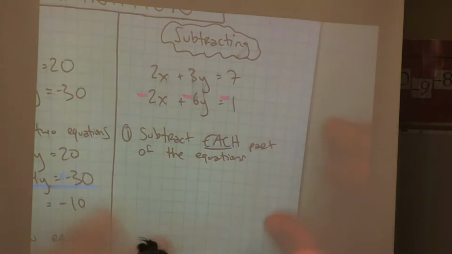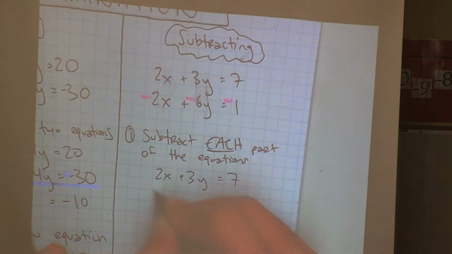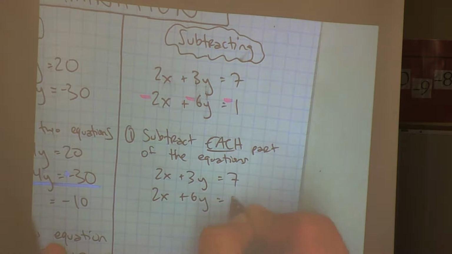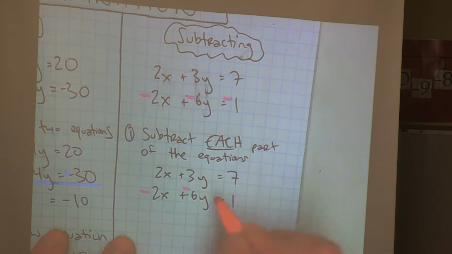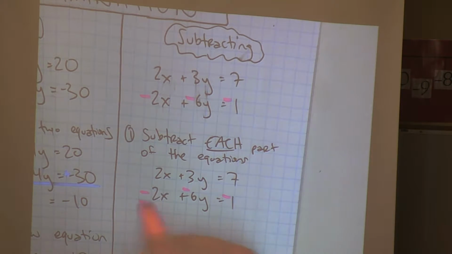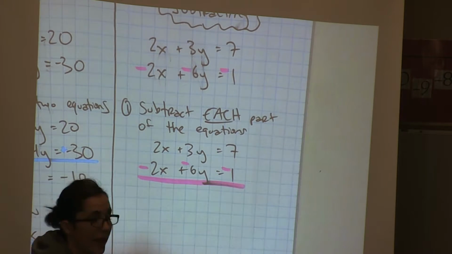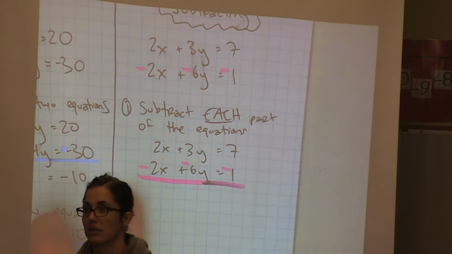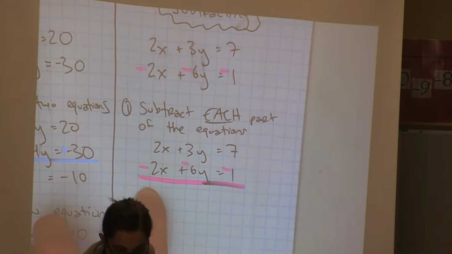Okay, I'm going to just rewrite my equations just so we are extra super duper clear. So I have again that 2x plus 3y equals 7, 2x plus 6y equals 1, and I'm subtracting 2x minus 2x, 3y minus 6y, 7 minus 1. If I subtract each part, 2x minus 2x is what? 0, right?